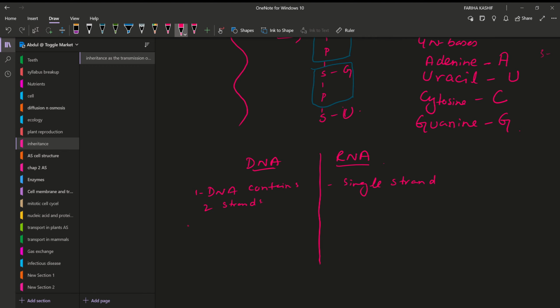DNA contains deoxyribose sugar, and RNA contains ribose sugar. Very good.